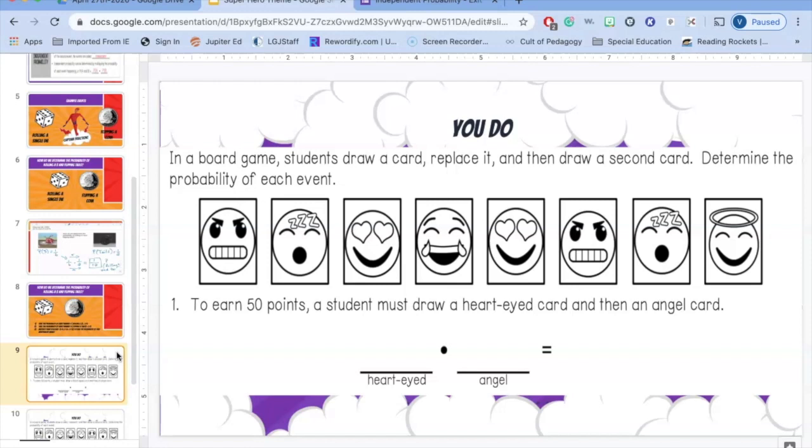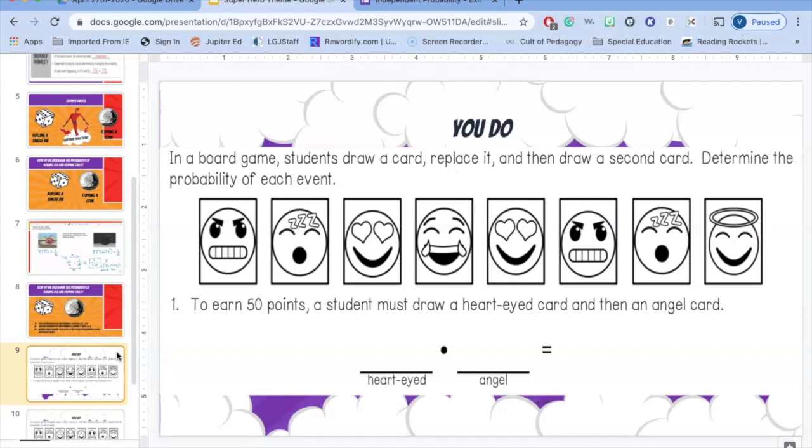Now, if you look at the pictures in front of us, how many heart-shaped cards do we have? That's right. We have 2 heart-shaped cards. Now, how many cards do we have in total? That's right. If you picked 8, we have 8 cards in total, and 2 of them are heart-shaped. So that means the probability of picking out a heart-shaped card would be 2/8.